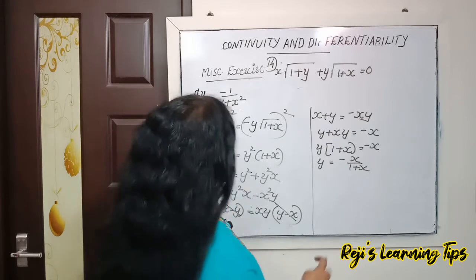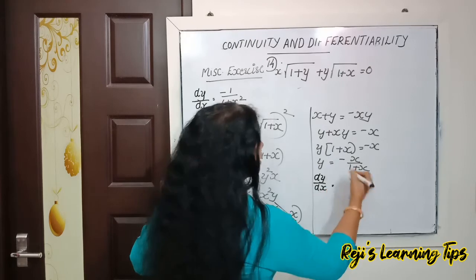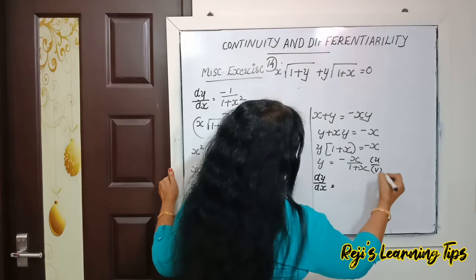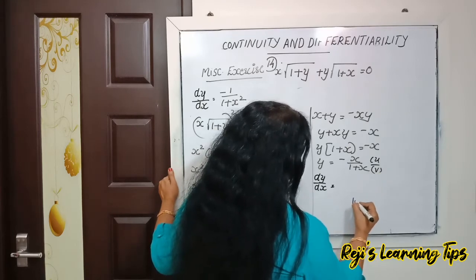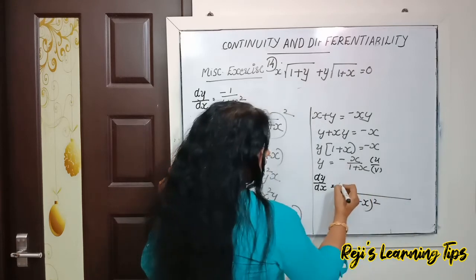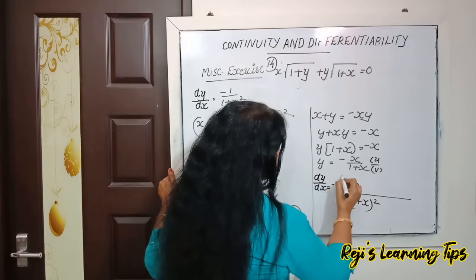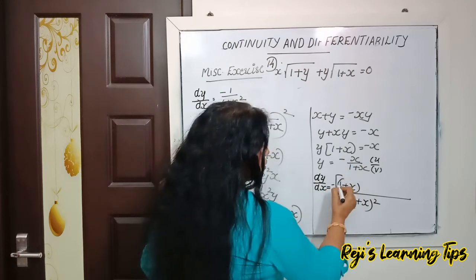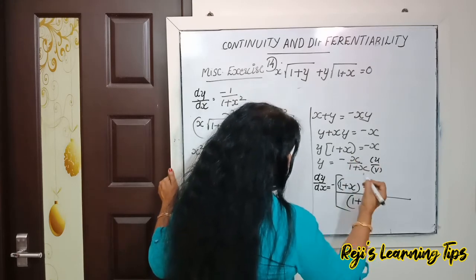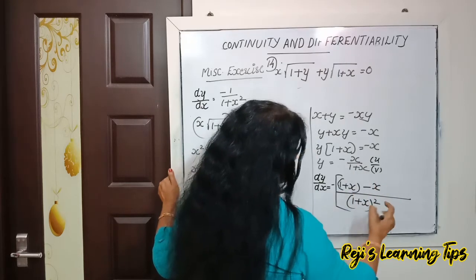Okay, then we find dy by dx. For dy by dx we apply the quotient rule. This is u and this is v. So we can write here 1 plus x the whole square. Then here 1 plus x into, first we take this minus outside. Okay. Then 1 plus x into derivative of numerator, that is 1, minus x into derivative of 1 plus x, that is 1.